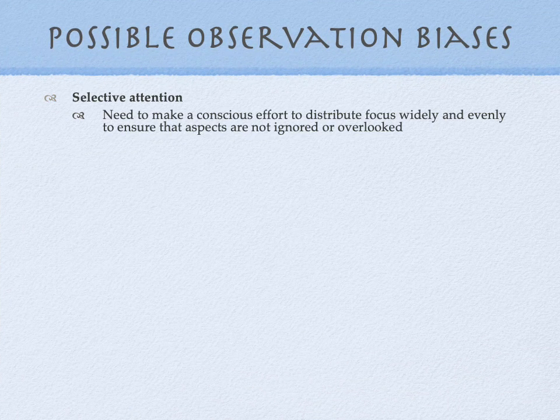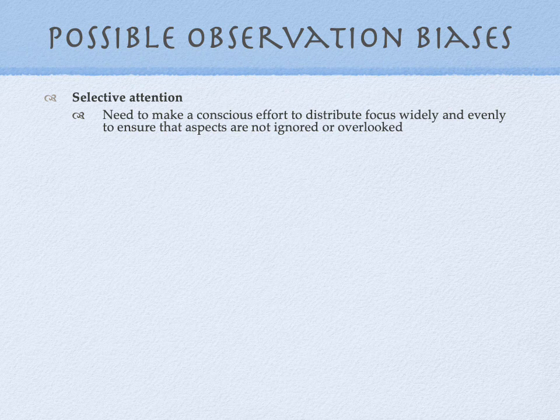Some of the things you need to watch out for with observation research, some of the biases that can occur. First off, selective attention. If you haven't done observation research before, you have to be careful that you don't pay too much attention on some things and not enough attention on other things.